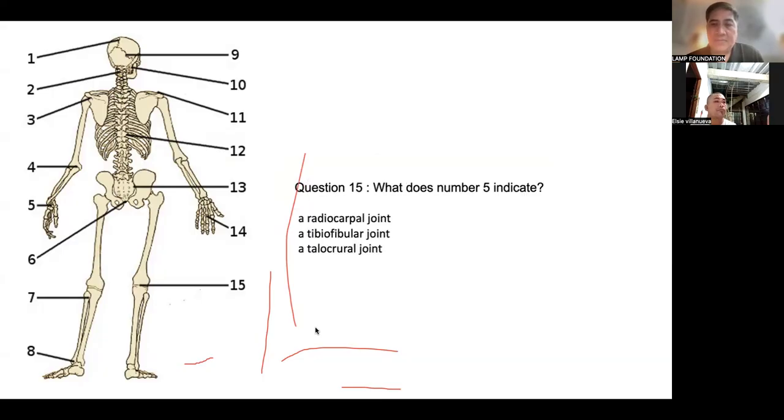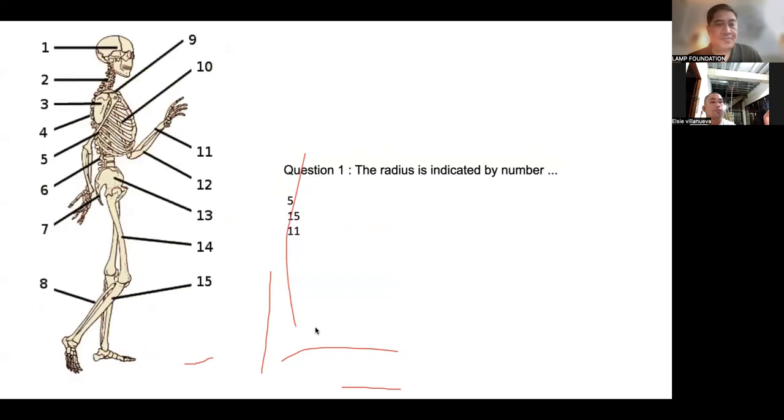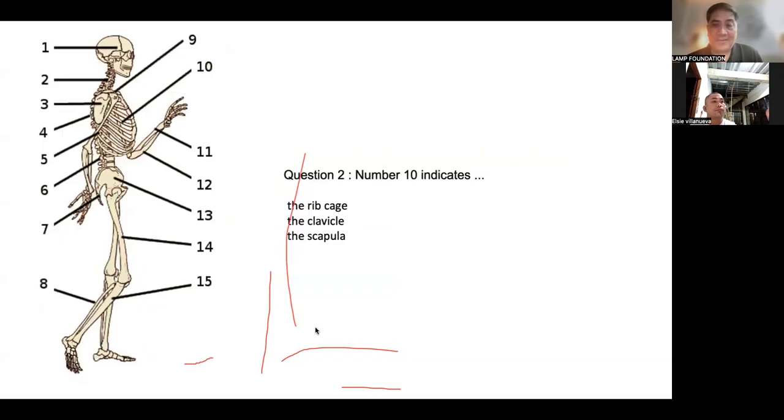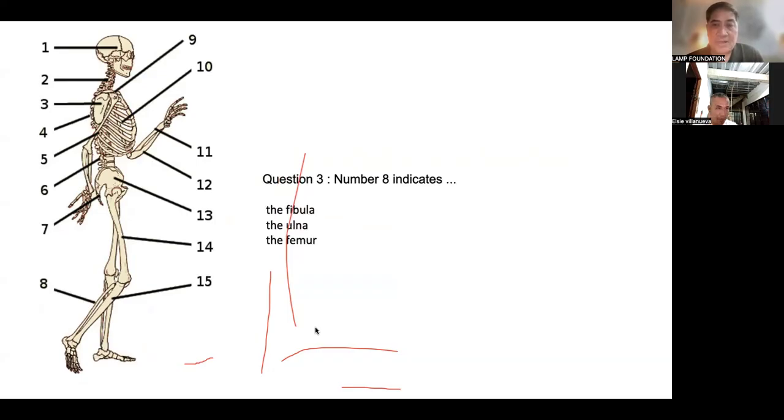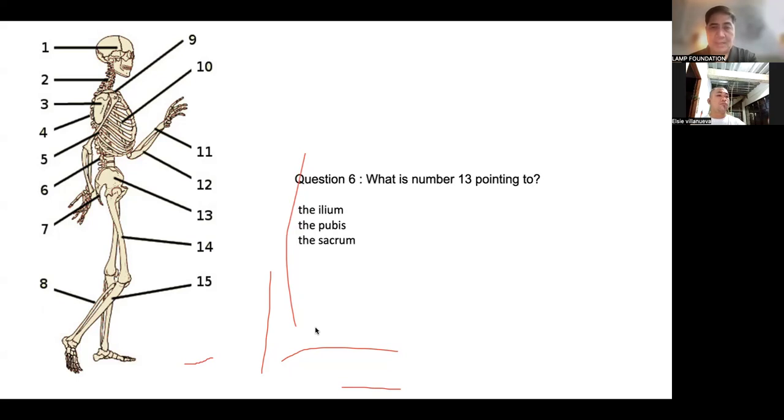Number 5, the radiocarpal joint. Radius. Number 11. Number 10, the rib cage. Number 8, the fibula. Clavicle. Number 9, femur. Number 14. Number 13.